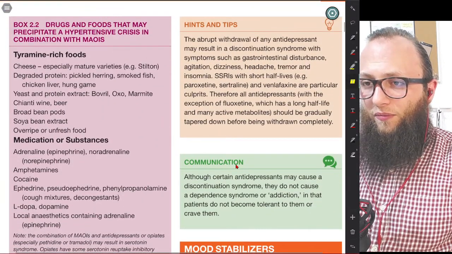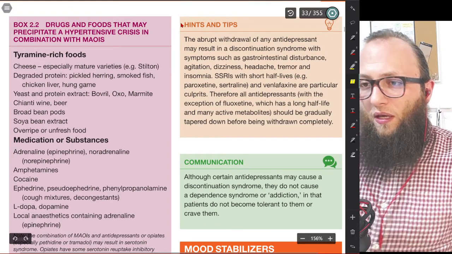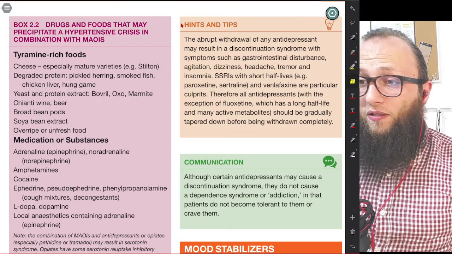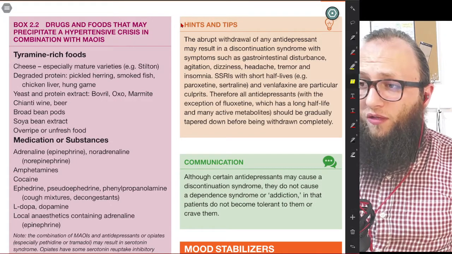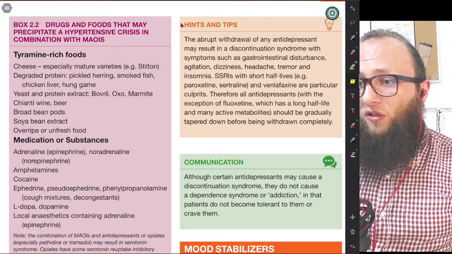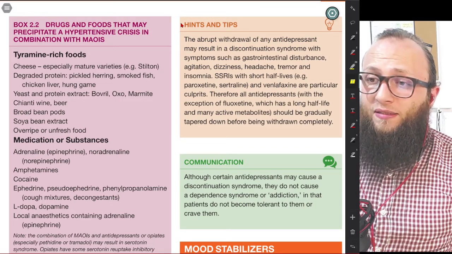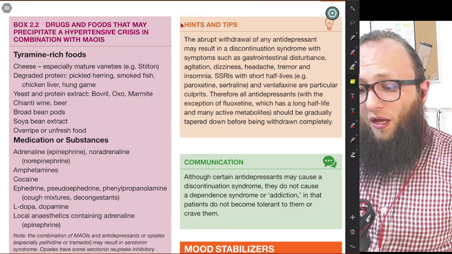Hints and tips. The abrupt withdrawal of any antidepressant may result in a discontinuation syndrome with symptoms such as gastrointestinal disturbance, agitation, dizziness, headache, tremor, and insomnia.